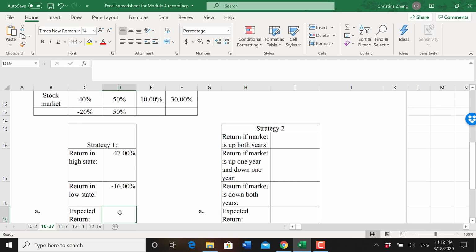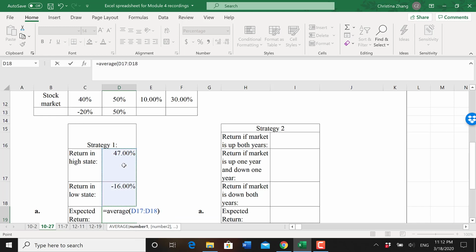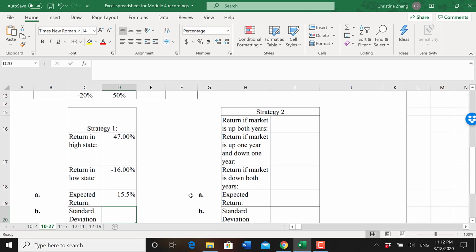Your expected return is going to be, because it's 50-50 likelihood, just an average of the two. And your standard deviation, because it's 50-50, equally likely, you can use a standard deviation function if you want.